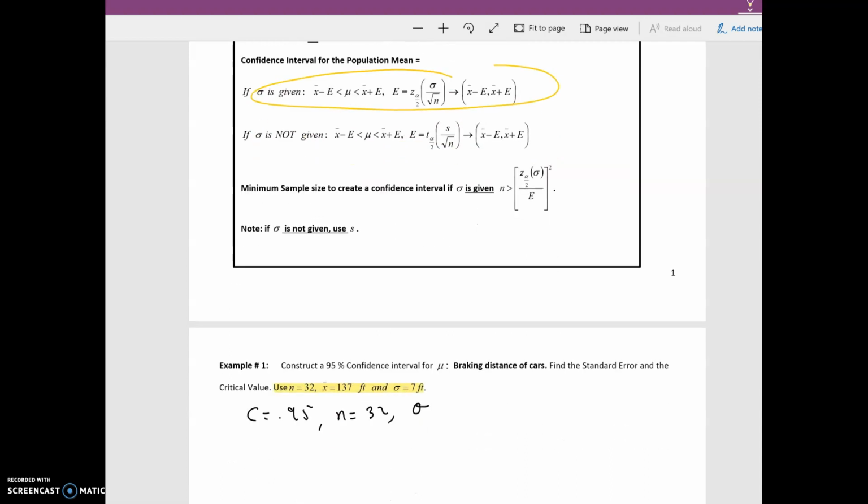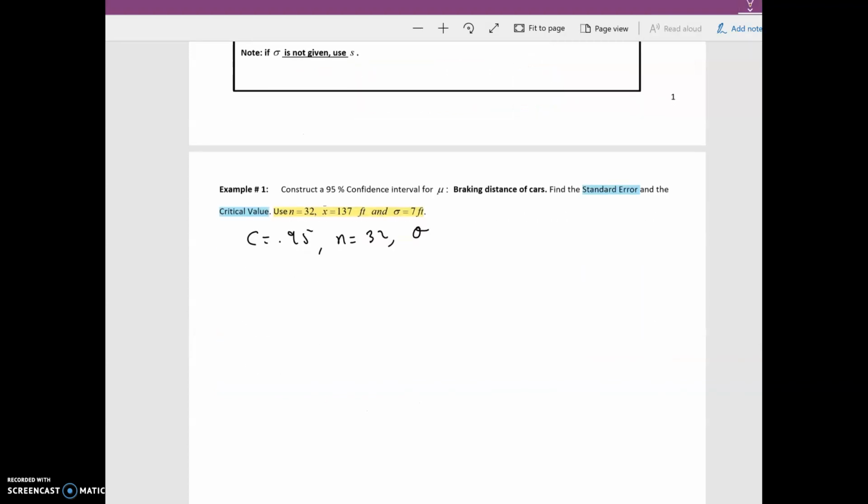Now, they want us to find a couple of values with this problem. Among the values, they want us to find the critical value and the actual standard error. Now, for the critical value, I'm just going to label it as CV. Since c is equal to 0.95, in this case, that's this statement here.